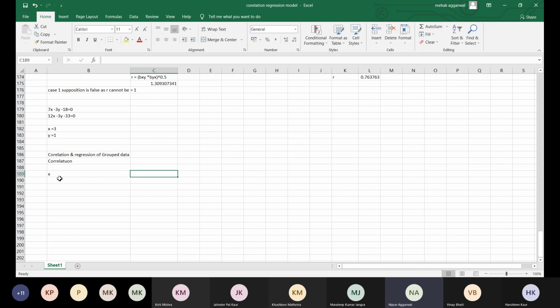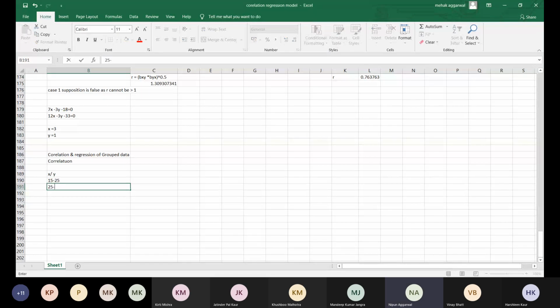So rows are your x and columns are your y. So x is 15 to 25, 25 to 35, then 35 to 45, 45 to 55, and 55 to 65.